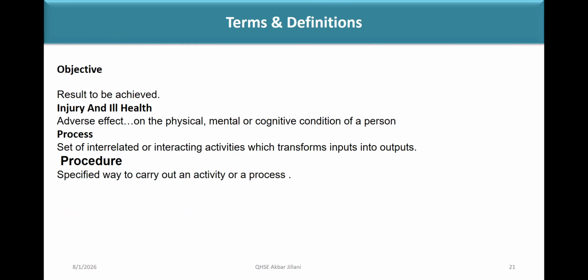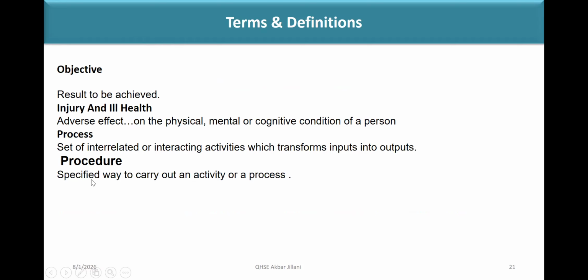Objective: result to be achieved. Injury and ill health: adverse effect on the physical, mental or cognitive condition of a person. Process: set of interrelated and interacting activities which transform inputs into outputs. Procedure: specified way to carry out an activity or a process.